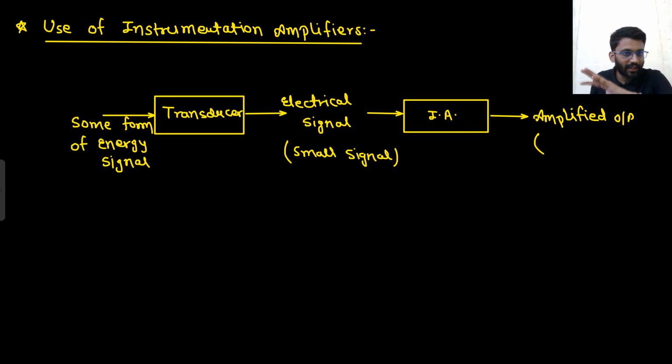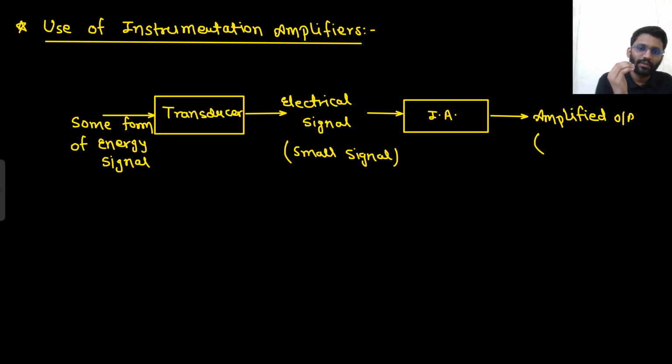It will convert this change in temperature to an electrical quantity, some millivolts. If your temperature changes by 10 degrees Celsius, in the oscilloscope you will get some 10 millivolt output. If it changes by 20 degrees Celsius, you will get some 30 millivolt output. So this is what a transducer does.